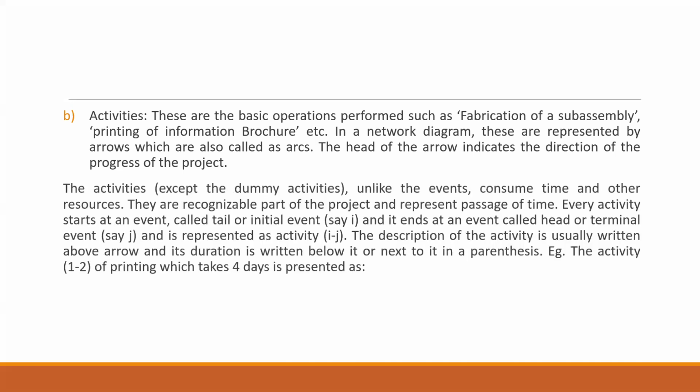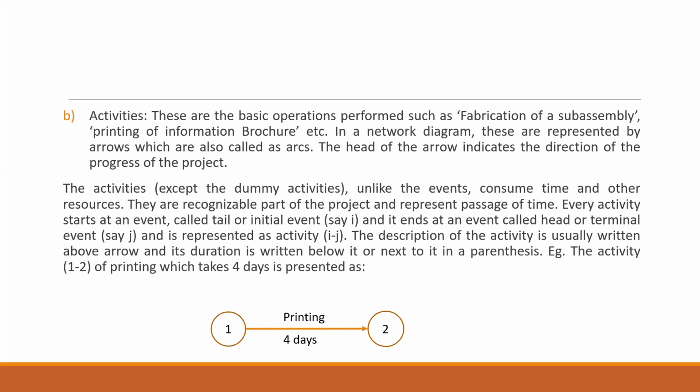The example in the diagram is for printing. It takes 4 days. On the arc I have put printing on top, and the duration, 4 days, below the arrow. We can refer to this activity as 1-2, which we call printing.